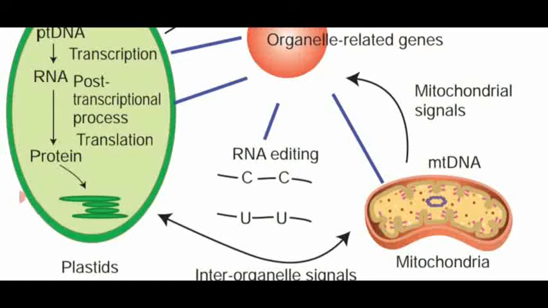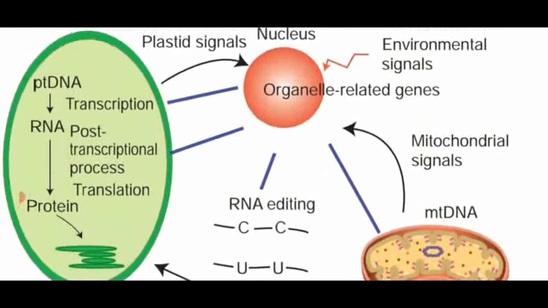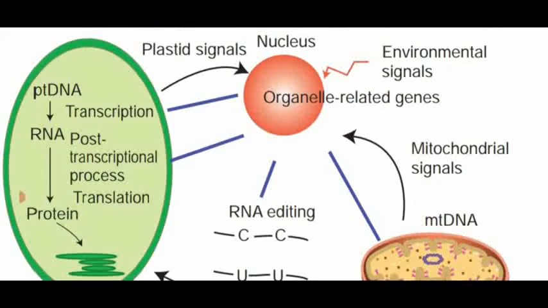So these two cell organelles express the RNA modification in their cytoplasmic region with the help of the gene present in the nucleus, known as organelle related gene. This gene makes the chloroplast and mitochondria express the protein synthesis in their cytoplasmic region with the help of the DNA present in the chloroplast and mitochondria.